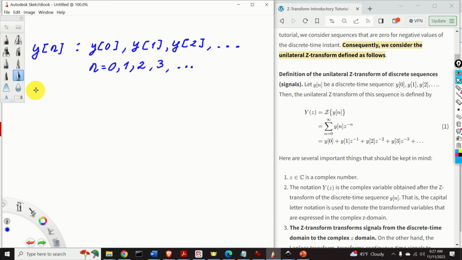Capital Y of z is equal to this sum where n goes from 0 to infinity of this general term, y of n multiplying z to the power minus n.